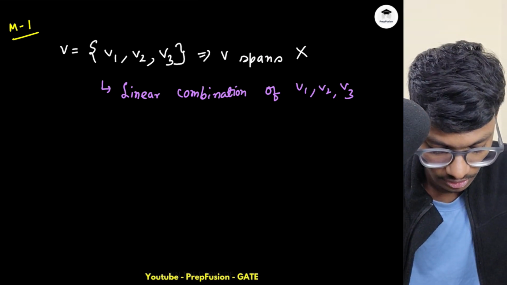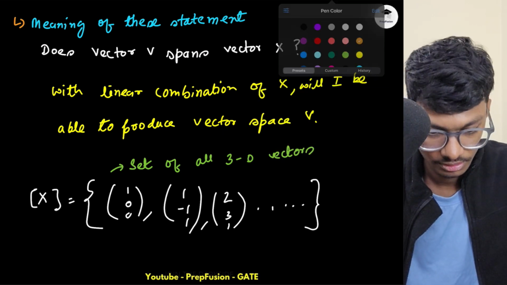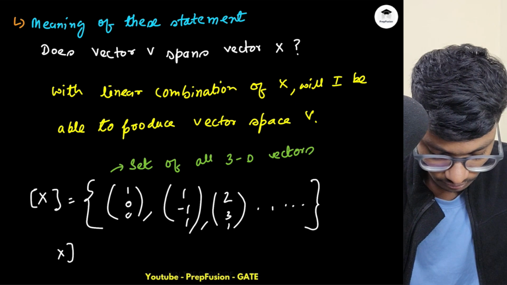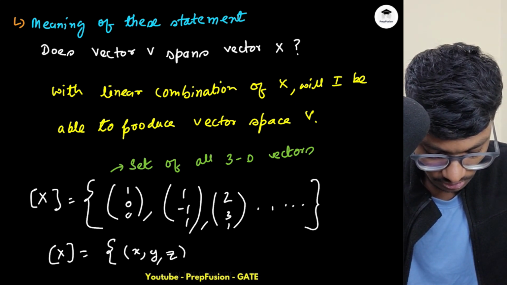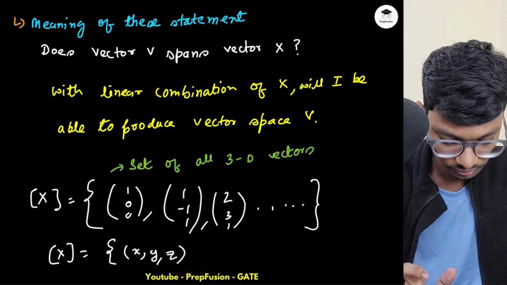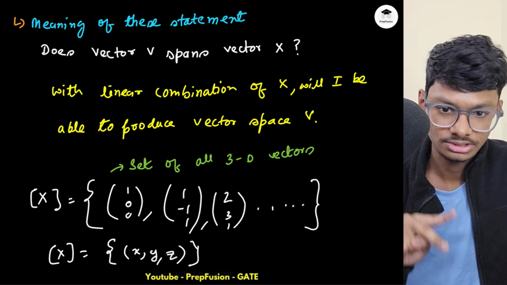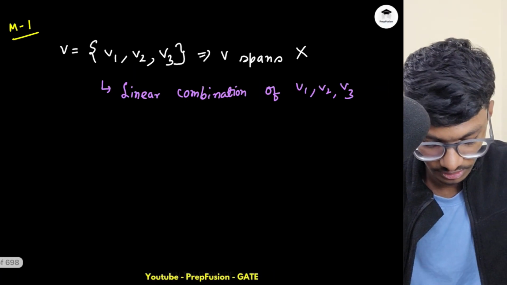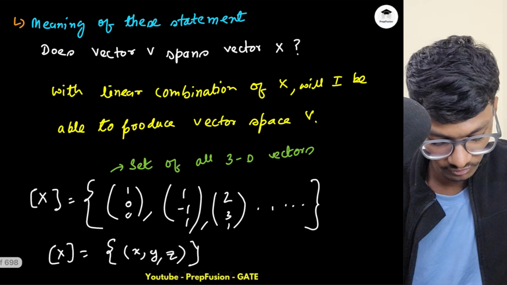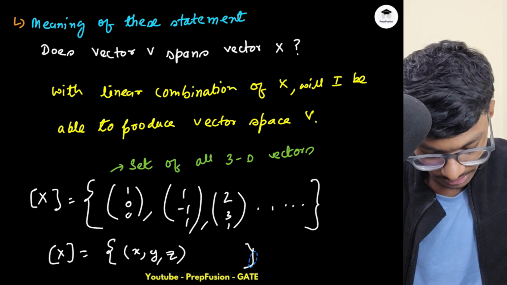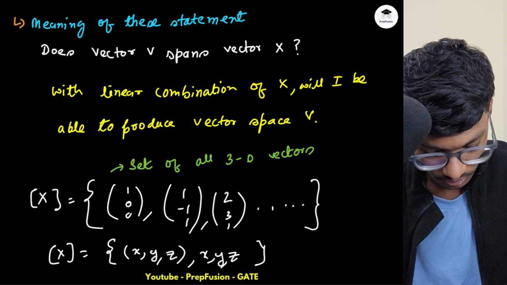This x I can write like this: x, y, z. This is what x means. So I have to find this x, y, z now. With a linear combination of v1, v2, v3, I will be able to find x, y, z, where x, y, and z are all real.